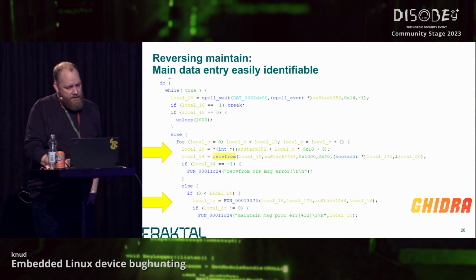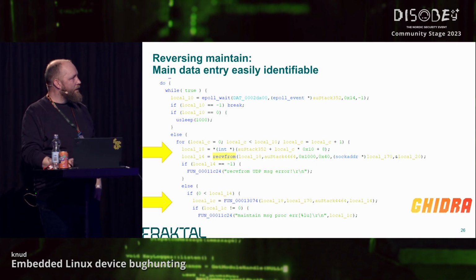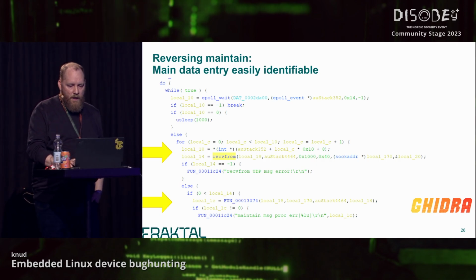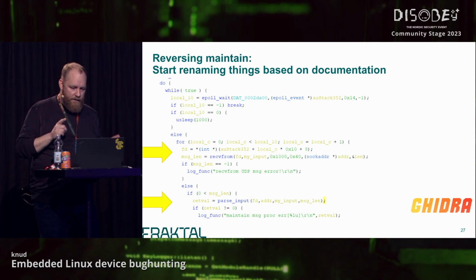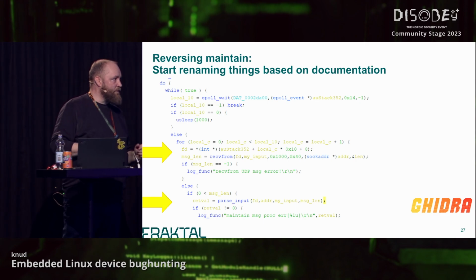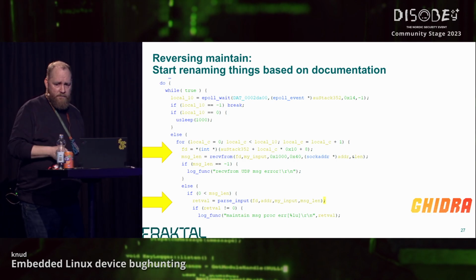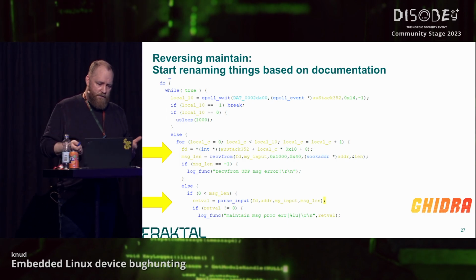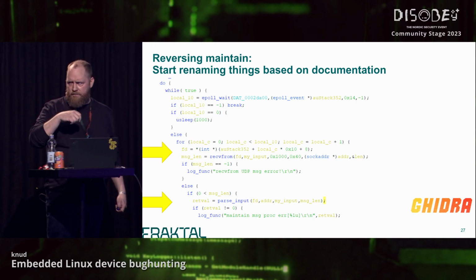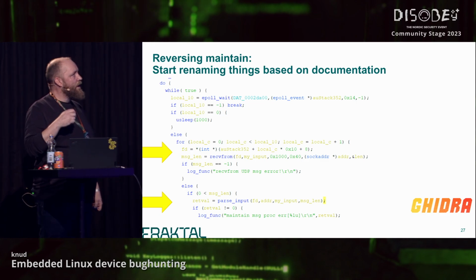Looking at these, it's all a bit confusing and nonsensical, of course, but this is the one proper reversing tip I'm going to give you. As soon as you understand what something is, you just rename it in the pseudocode view. You can press, in Ghidra, I think it's L or N or something.